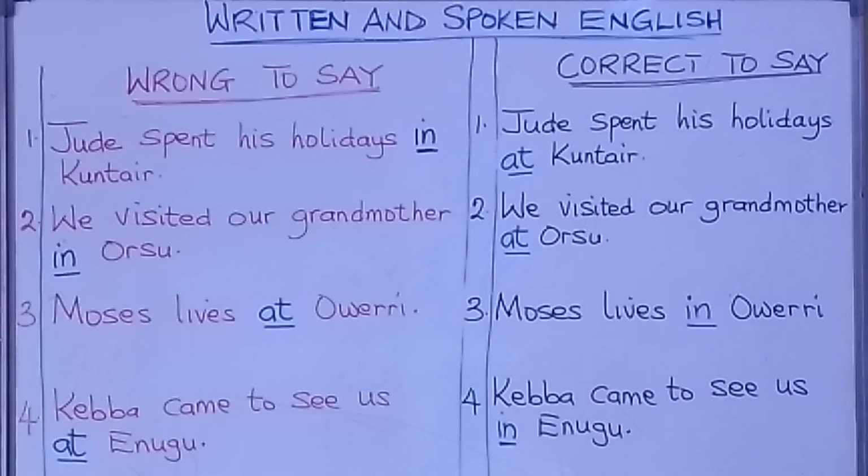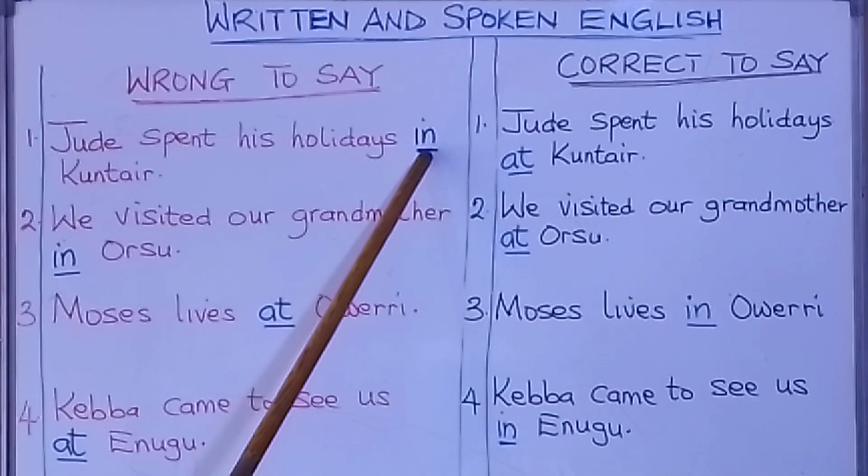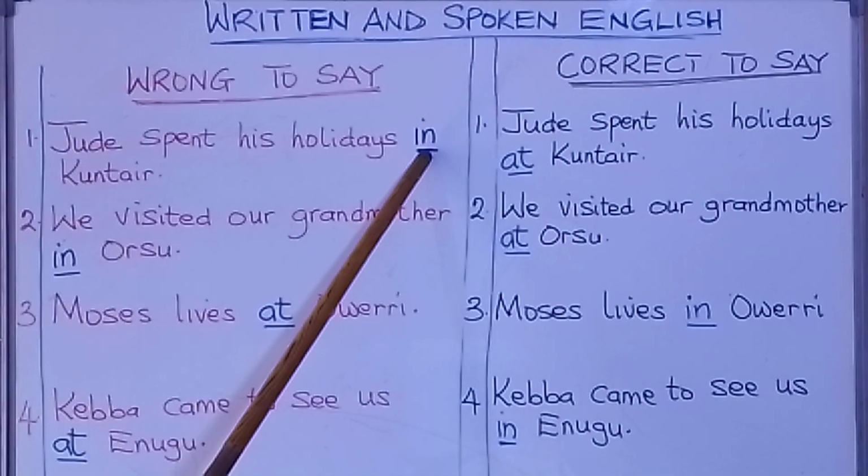Now, that is the section that we have on the use of in and at in English grammar. Let me revise that again. We use in generally before the names of countries and large cities, or before the name of the place in which one is at the time of speaking.